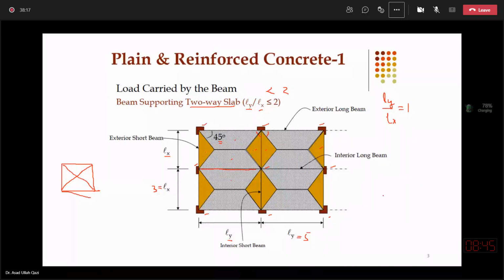So if I am designing the interior beam and it is a two span beam, because there is a column over here, I can sketch that there are triangles present on these beams, and since there are two triangles, this is multiplied by 2. So there are two such triangles present on this beam of span 3 meters.